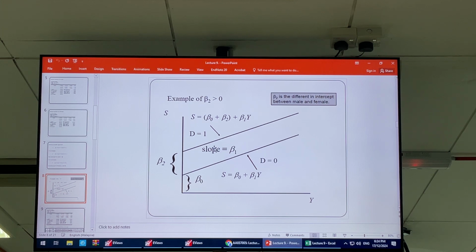This model only allows the intercept to be different for the two categories. For every additional 1 ringgit, the amount saved is the same, but when income equals 0, we allow the level of saving to be different. So beta 2 is the difference in the intercept between male and female.